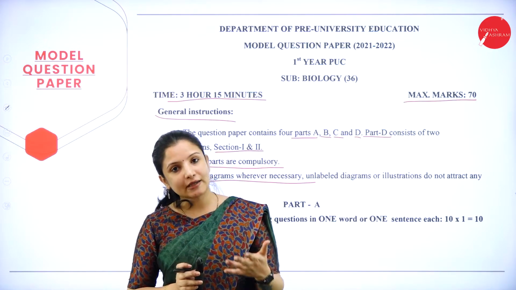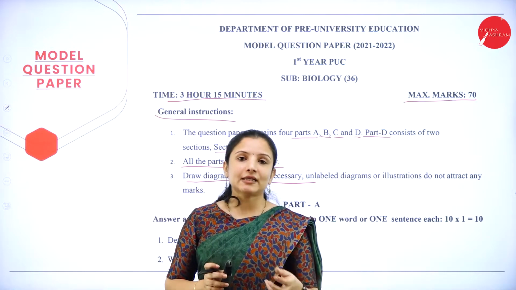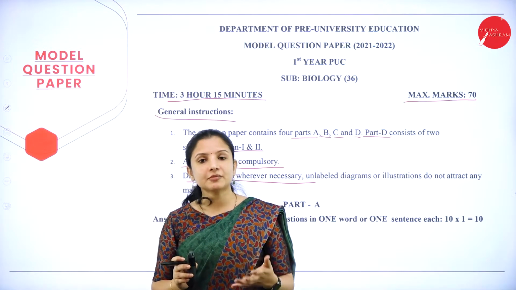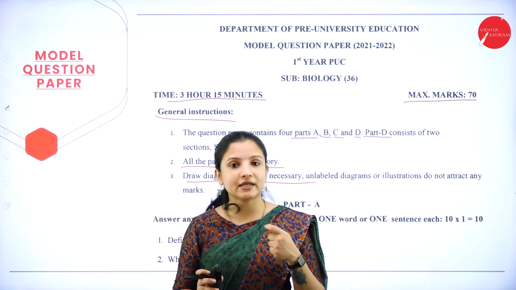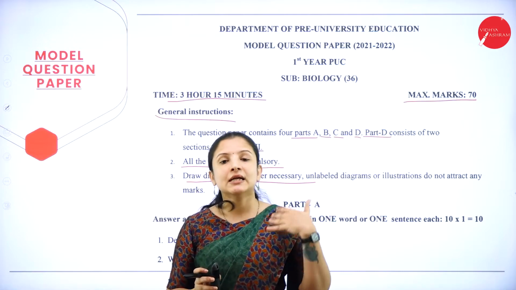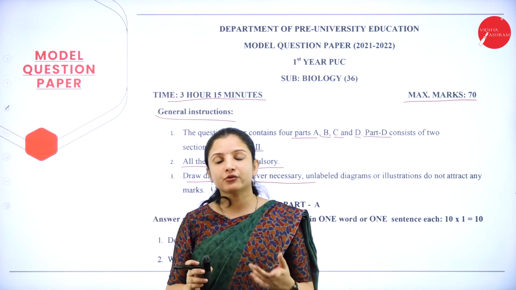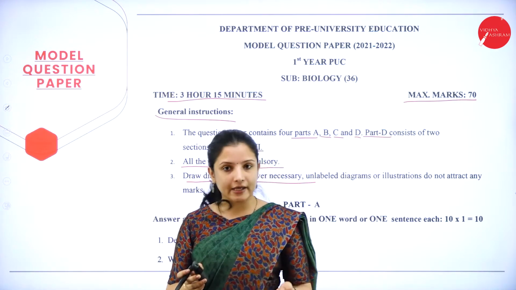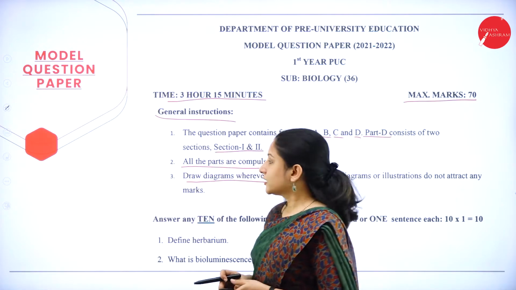Sometimes they'll just ask you directly in a 3-mark question or in a 5-mark question, stating that draw a diagram, draw a neat labeled diagram. But sometimes they would not have asked a particular question regarding a diagram, but they would have asked, describe the structure of the respiratory system. So what you can do, in spite of them not asking about it, you can draw a diagram if time permits, because it will fetch you good marks. So that is the reason.